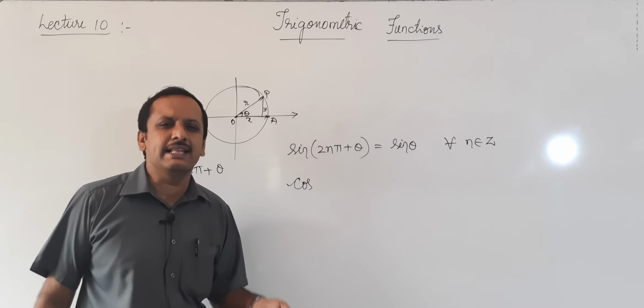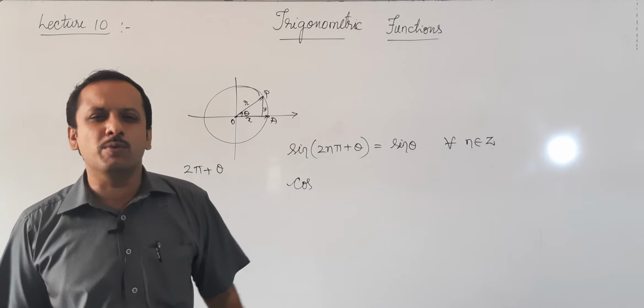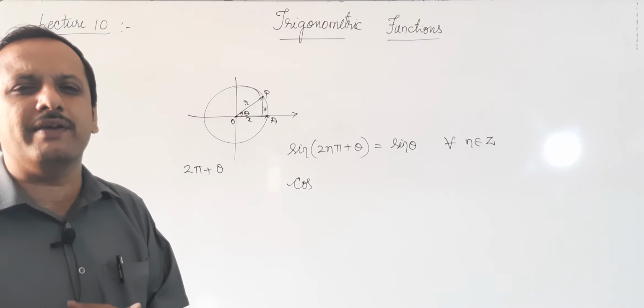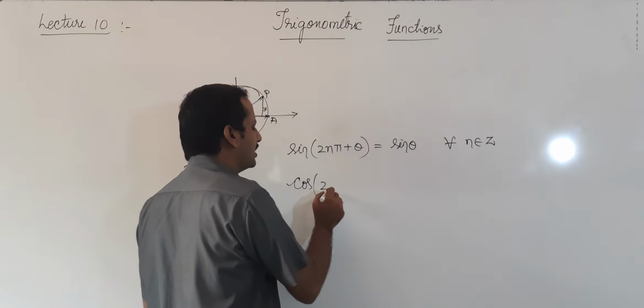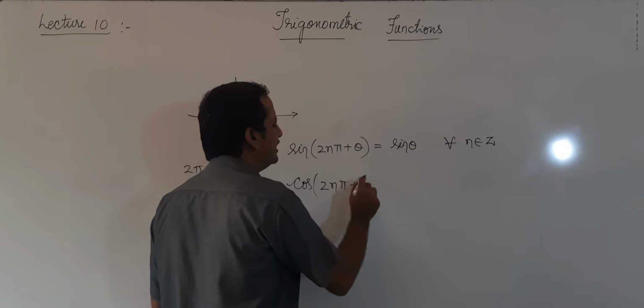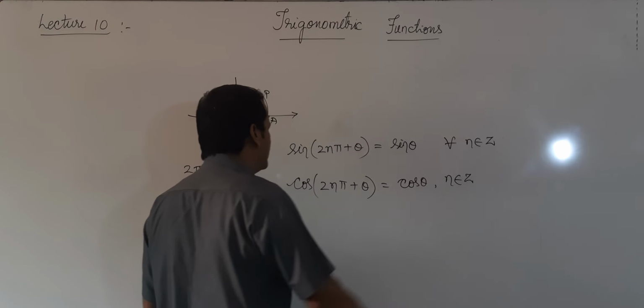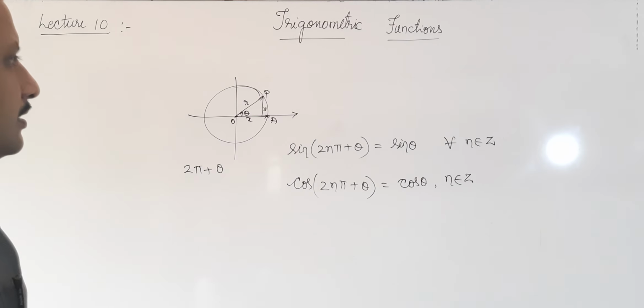That means from that angle theta I am subtracting 4 pi. So you can add or subtract 2 pi as many times, or any multiple of 2 pi, and there is no change in the value of the trigonometric function. So cos of 2n pi plus theta is also equal to cos theta, where n can be any integer. Okay? Next.